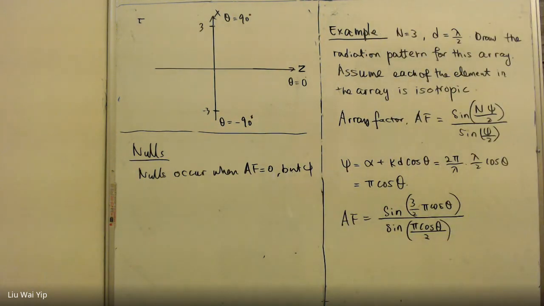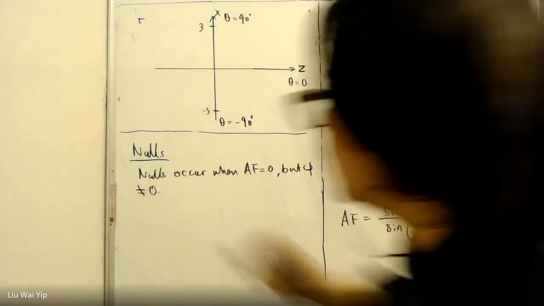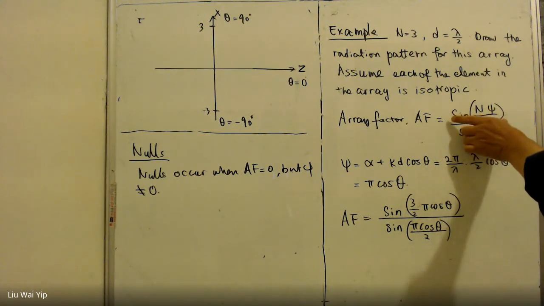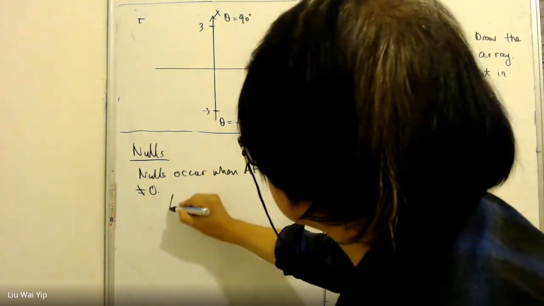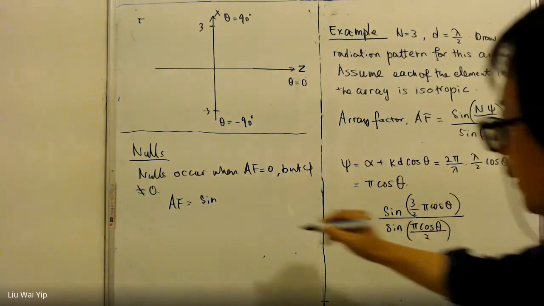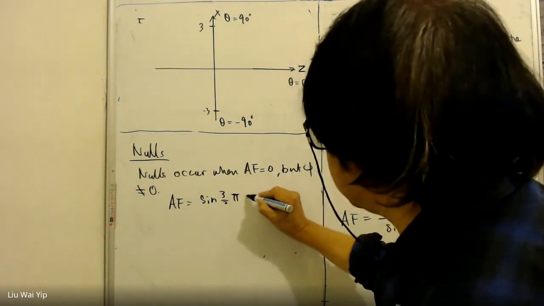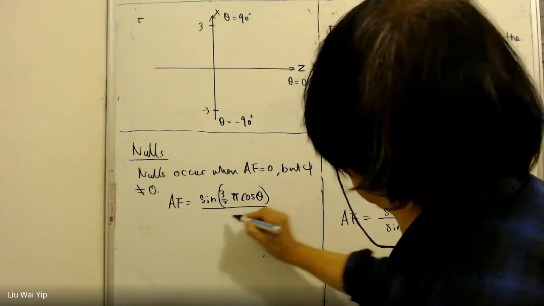But the phase shift is not 0. And let's see what happens. We are going to equate this function to 0. This one. And we will see what we are going to get.